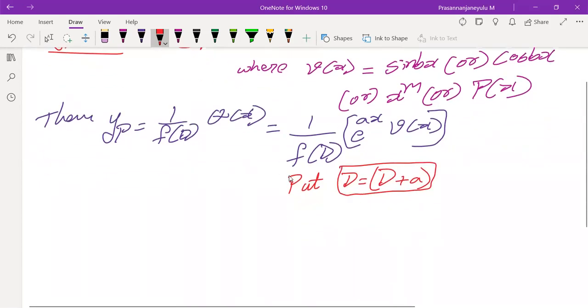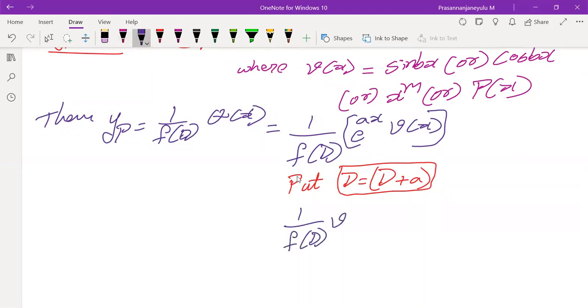Then the role of e power ax completes. The next step will be 1 by f of d of simply v of x. But since the role of e power ax is completed, we must write e power ax as the prefactor of this fraction.